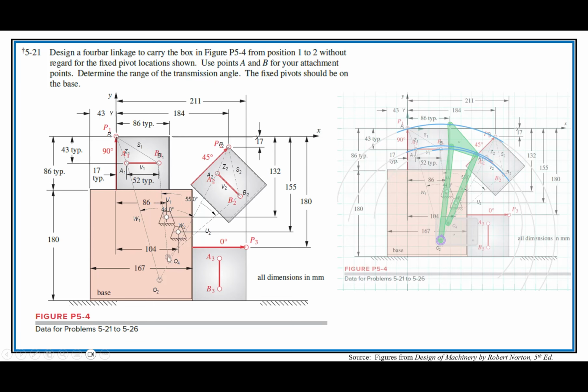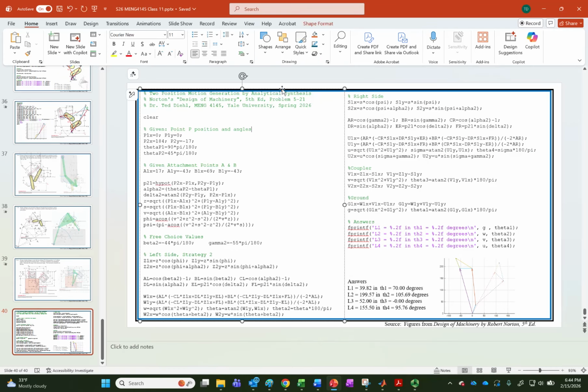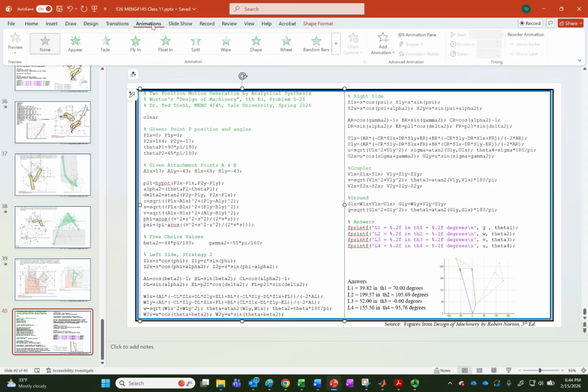Then you get the idea of where the grounds need to be. So that's the solution to this, and I haven't made this next part an animation, but I will now.